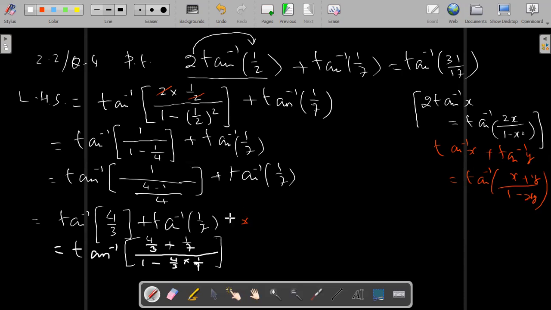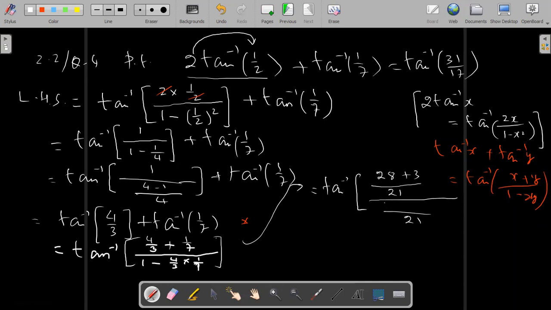Okay. This will become tan inverse, taking the LCM of 4 by 3 and 1 by 7: 7 3s are 21, and 7 multiplied with 4 is 28, and 3 ones are 3. Similarly here 3 sevens are 21. The LCM will be 21, minus 4.